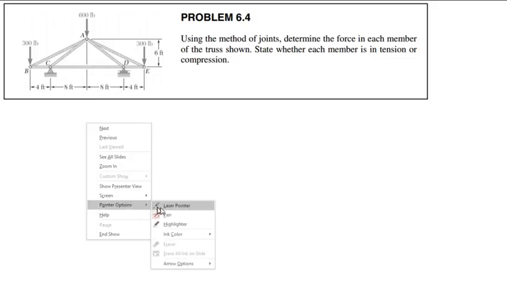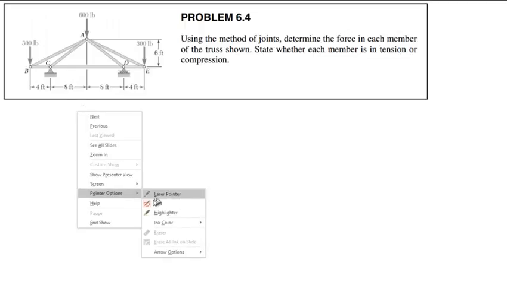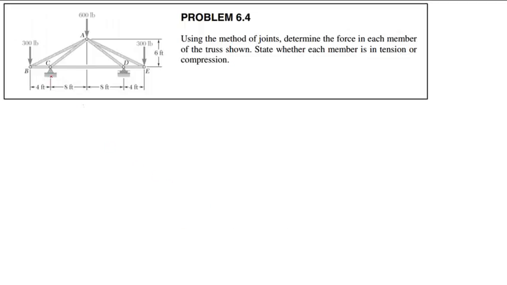All right, so we now have our reactions. We know that Cy and Dy are both 600 pounds, and 600 pounds.